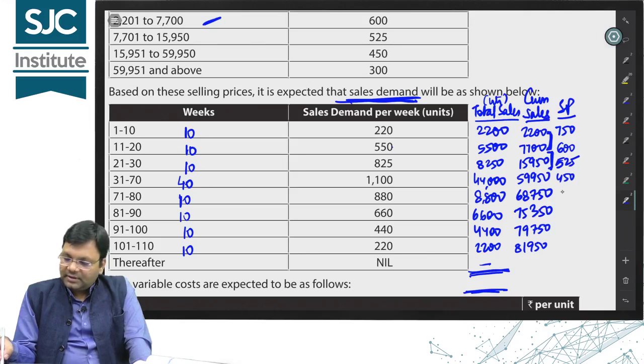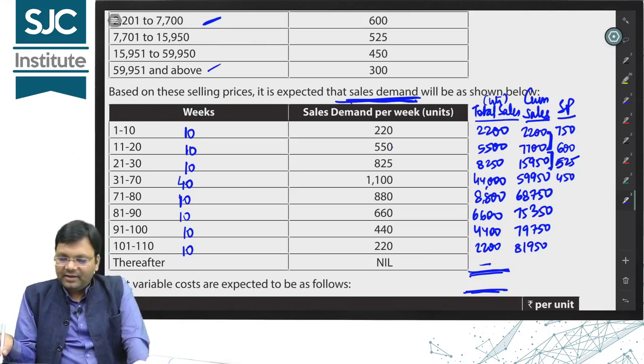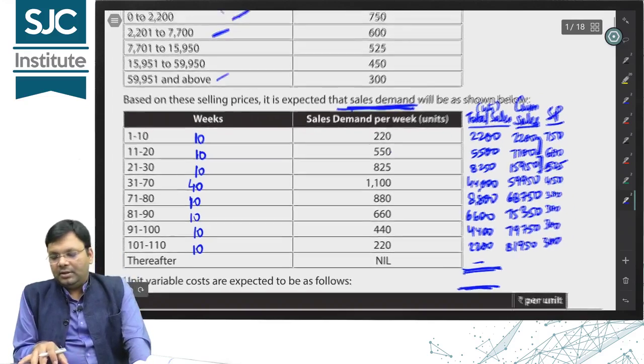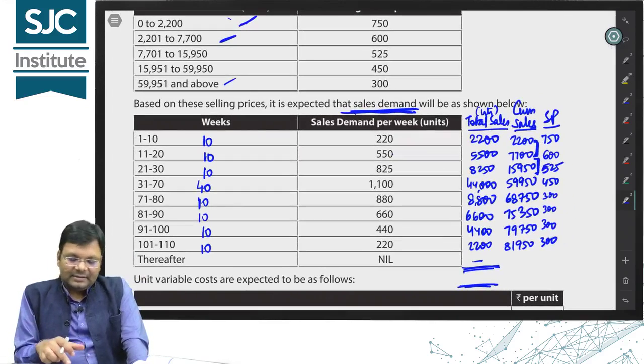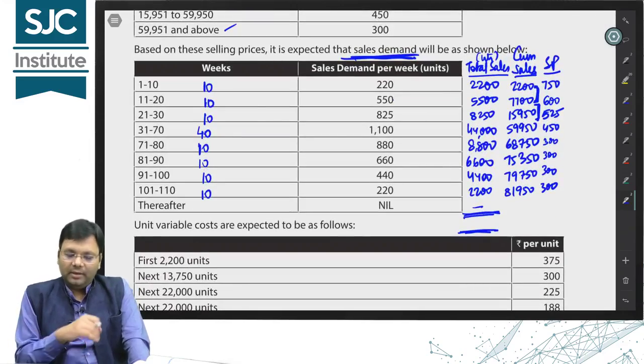Then 68,750. After this they are saying post 59,950 it is all 300. So 300, 300, 300, 300, 300. Okay. So we got the selling price in different time periods of our product's demand.